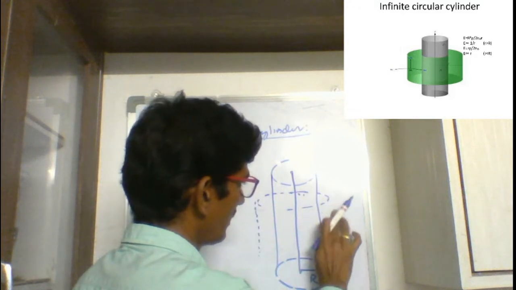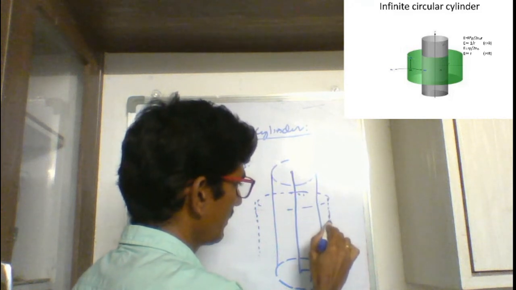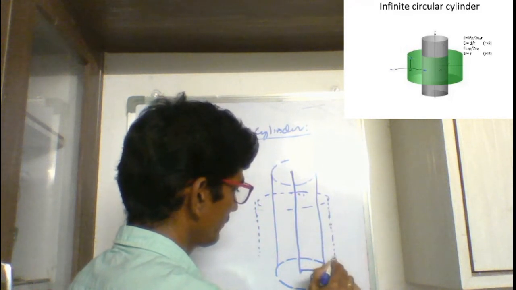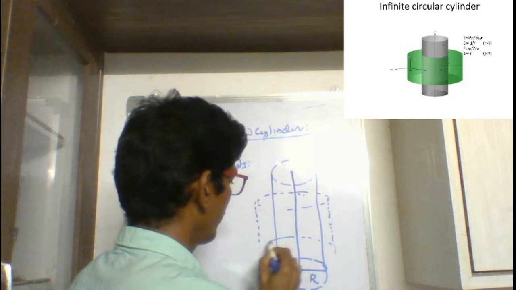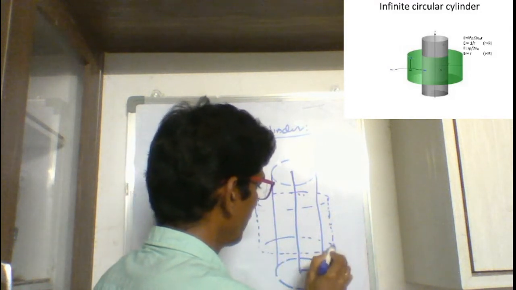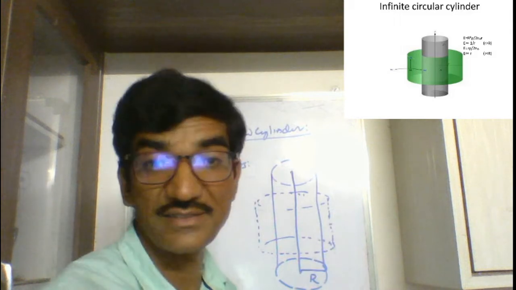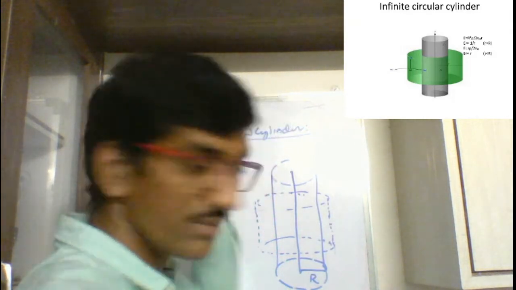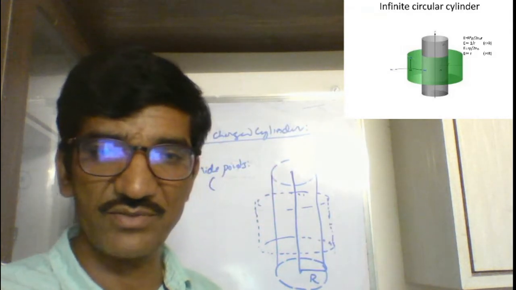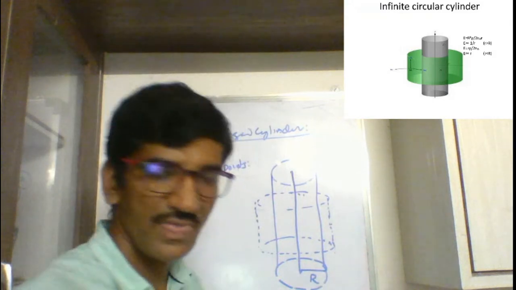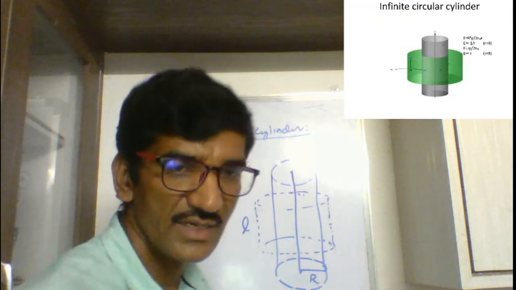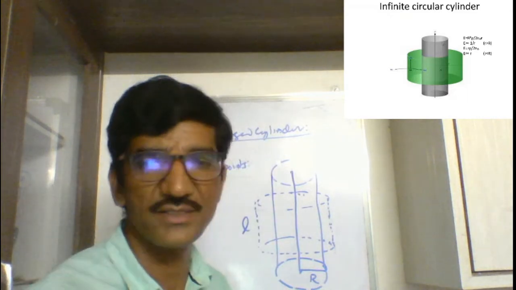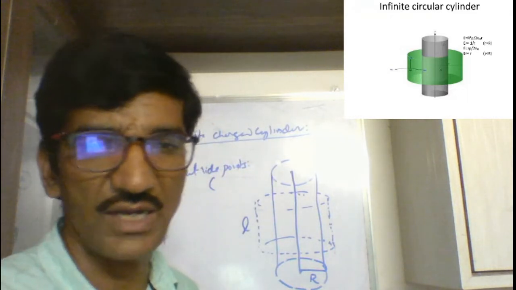You need not consider this to be of infinite extent. The original cylinder extends up to infinity, but this one does not; say its length is only L, or height, a small height.